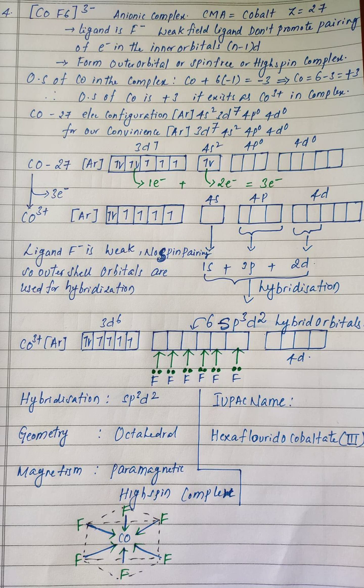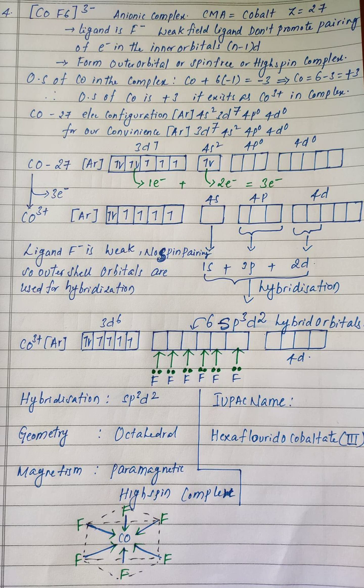From the outermost orbital, that is 4s2, it will lose 2 electrons, and from the inner orbital, the d subshell of the third shell, that is (n-1)d, it will release 1 more electron. So a total of 3 electrons are released, and cobalt exists as the Co3+ cation.